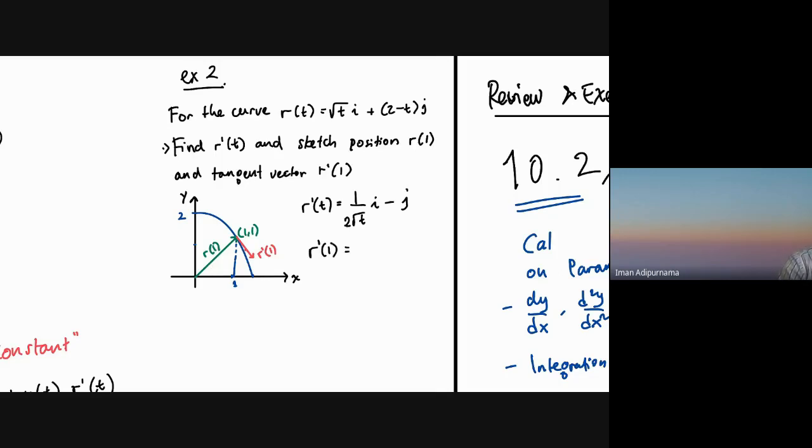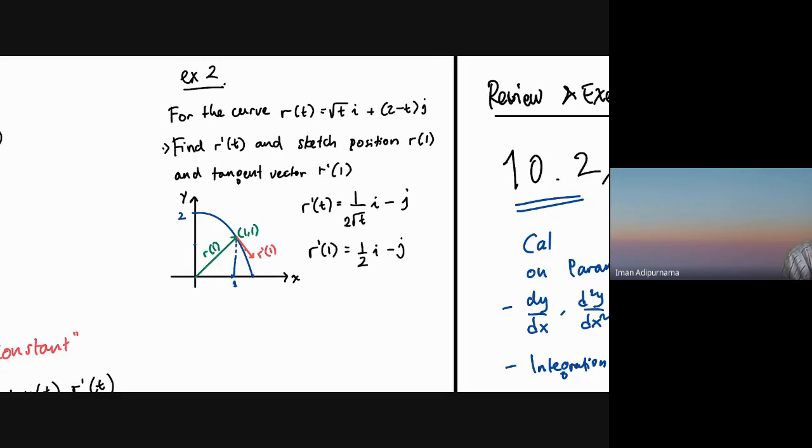Plug in 1, and we will have this equation.